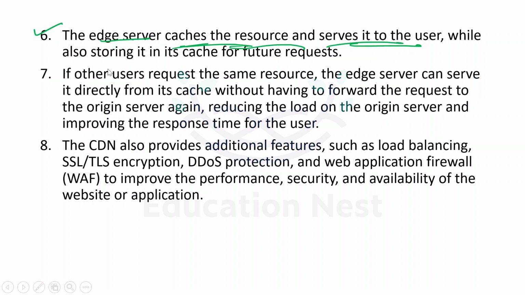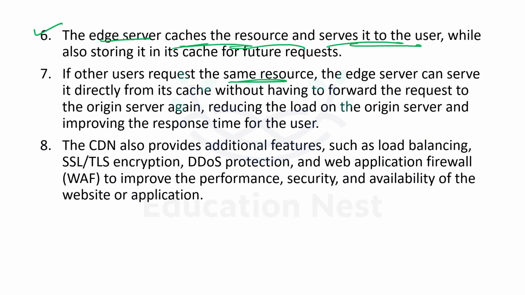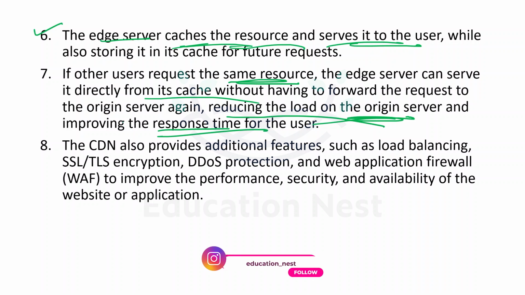If another user requests the same resource, okay, the edge server can serve it directly from the cache now because it already has the cached copy. So what will happen? We are reducing the load on the origin server first thing, and we are also improving the response time. So the round trip time and the latency would be less.